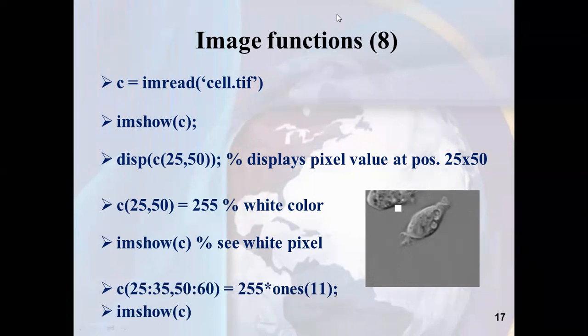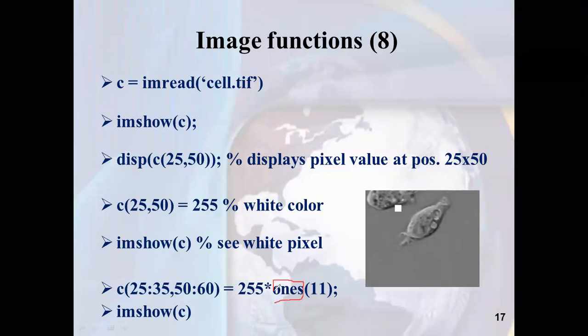Now, the function ones creates a matrix in which all the elements are 1. For example, ones(3) gives us a matrix of dimension 3 by 3 formed only by ones.